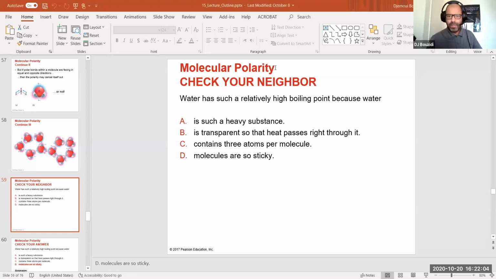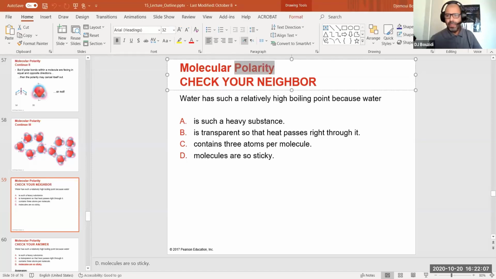What Sherry is saying, for people who are not live with us and don't see what people are writing here, is: the extraordinary stickiness of water is due to the two hydrogen atoms which are arranged on one side of the molecule. There is a word that I'm looking for, Sarah, too. And the word is this one. Let me show you. It's actually this one. Because of the polarity of water.